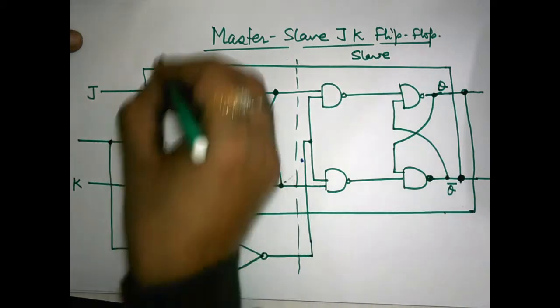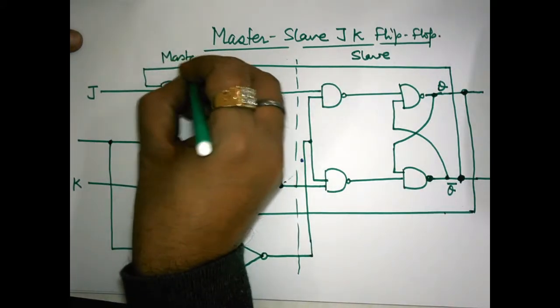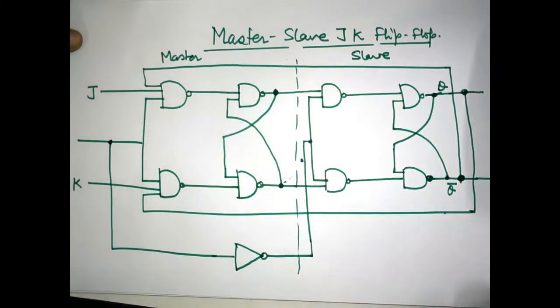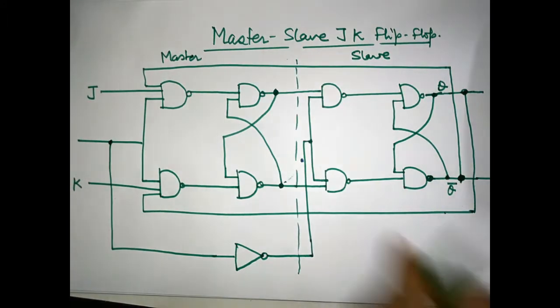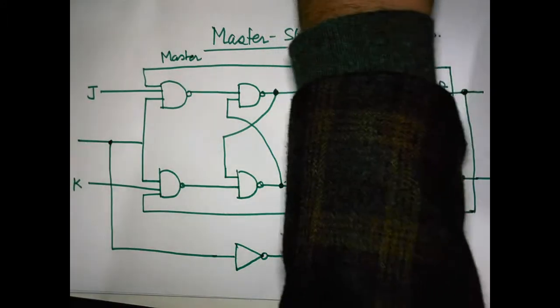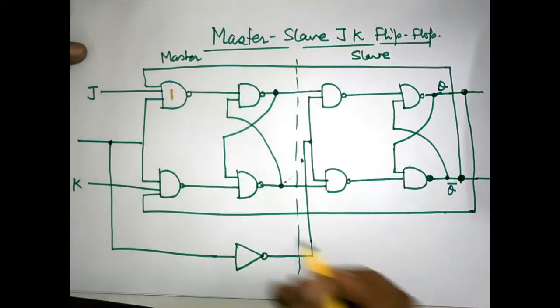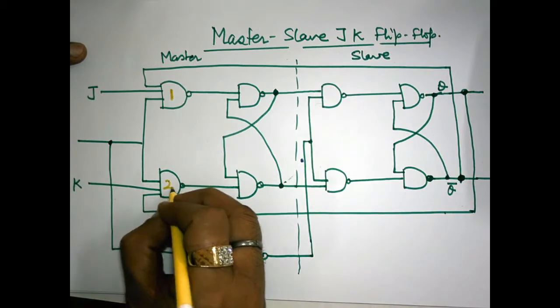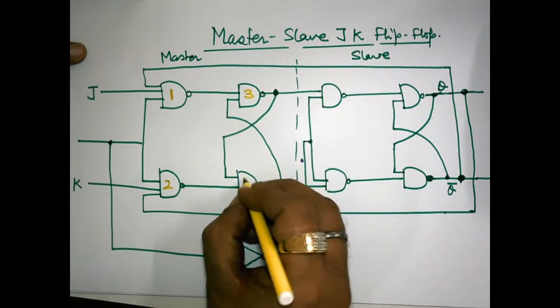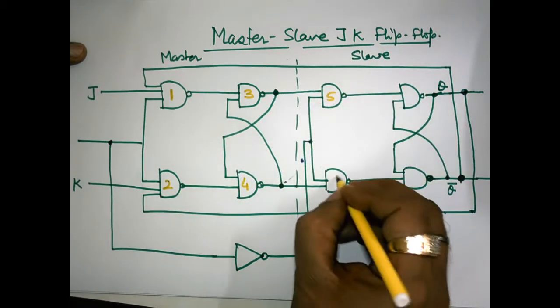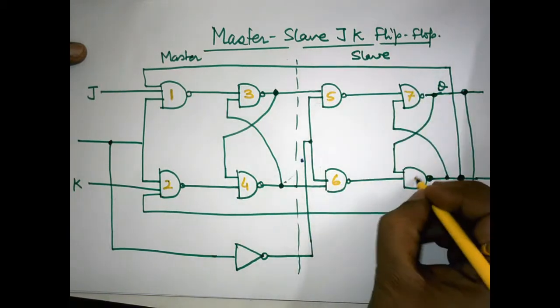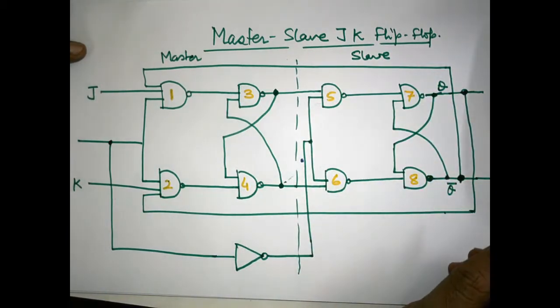So this section is master section and this section is slave section. If you see, if we simply give the number to these NAND gates, this is gate number 1, 2, 3, 4, 5, 6, 7 and 8. So these are the gates that are required to make the master slave JK flip-flop.